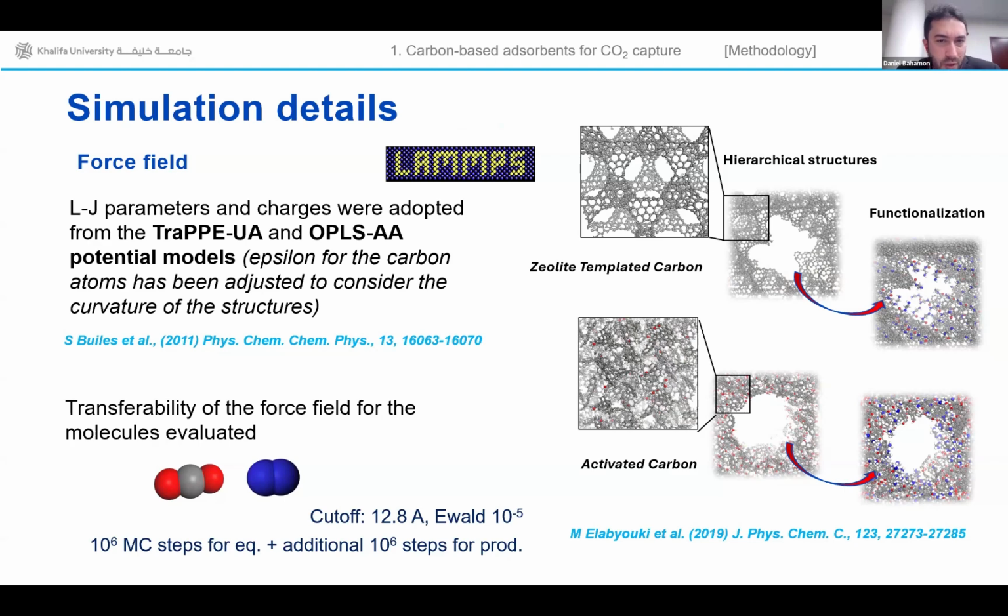And for the structures, we will use the OPLS potential model, just making a small modification in the epsilon parameter for the carbon atoms to adjust for the curvature of the structures, because this model was based on flat carbon surfaces. And some additional details on the simulations are shown here on the bottom of the slide. You might see a cutoff radius, the number of steps, and so on.